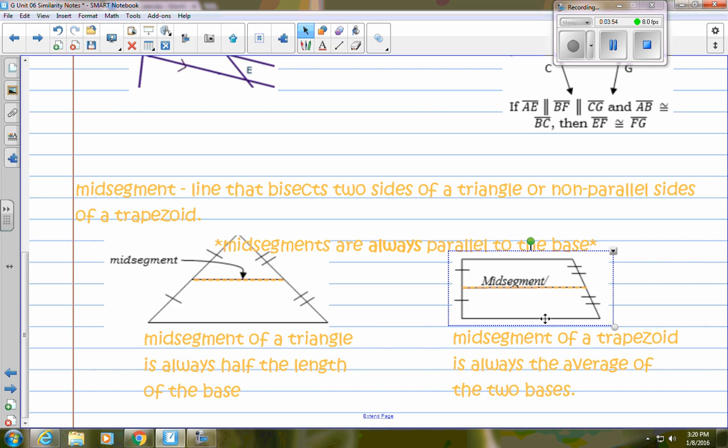Because 15 has to be exactly the same distance away from 10 as the upper base, then I know that this segment would have to be 5, because 5 is the same distance away from 10 as 15.